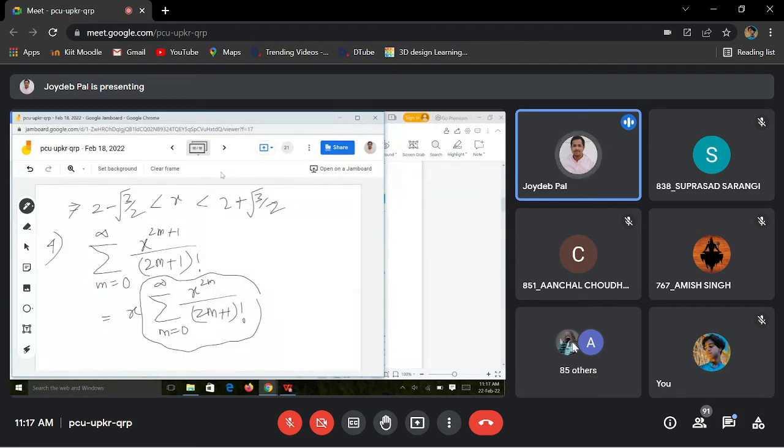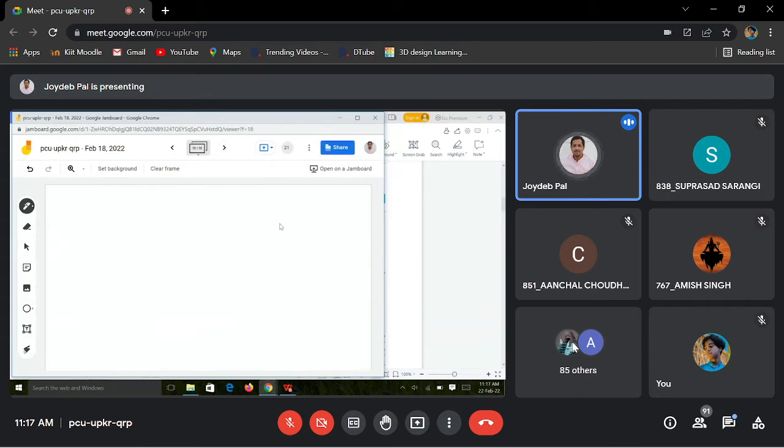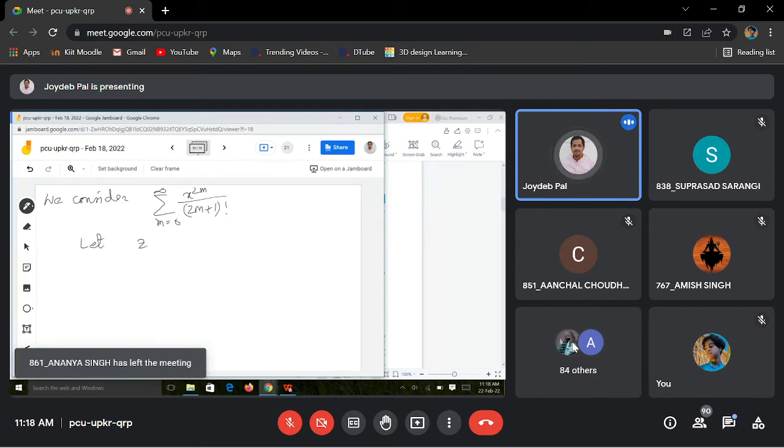So now we are considering the series summation m equals 0 to infinity x to the power 2m divided by 2m plus 1 factorial. Now to find the radius of convergence of it, you take z equal to x square.